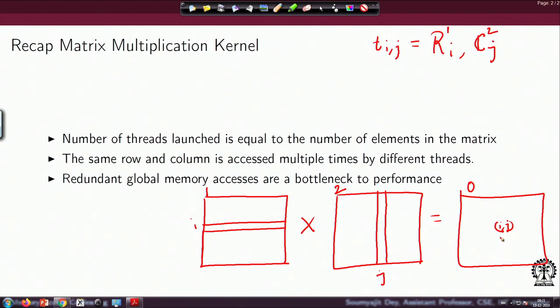Now, let us look at the entity i, j plus 1. For that I would have another thread, so what are the row and the column that this thread would be accessing?